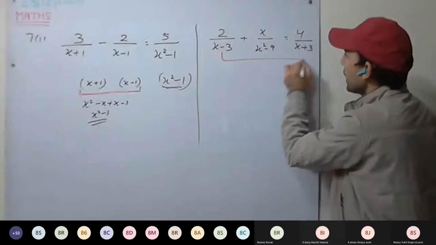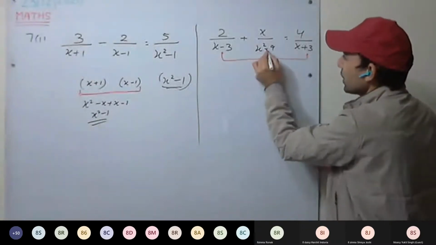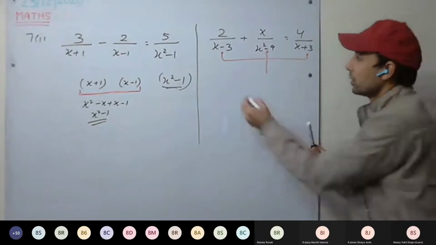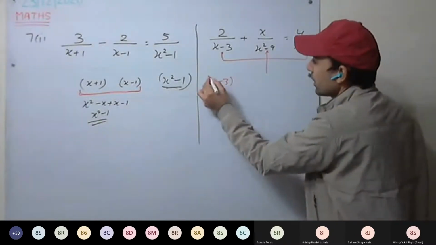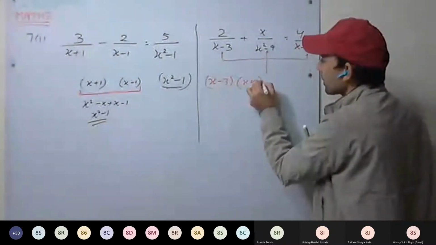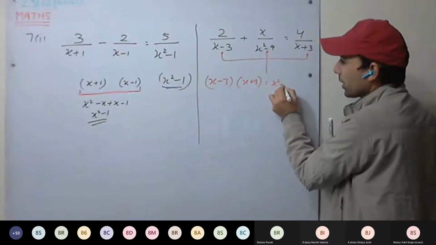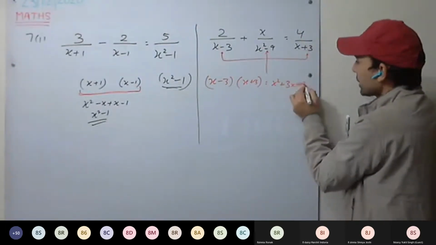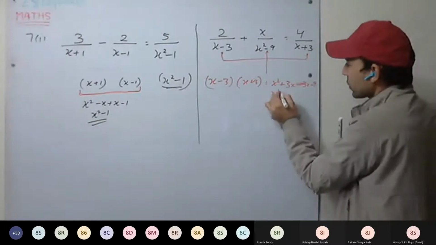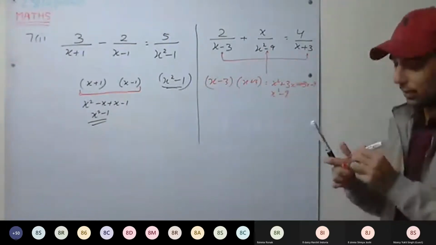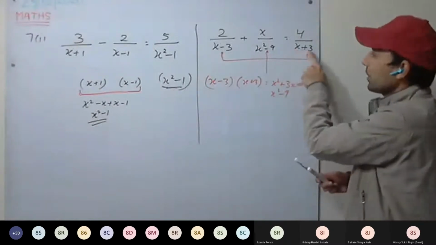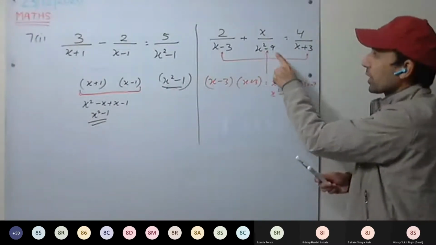If we multiply these two, we will get x square minus 9. Yes or no? x minus 3 into x plus 3, how much? x square minus 3x plus 3x minus 9. x square minus 9.